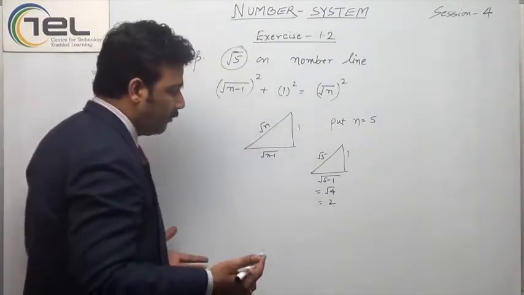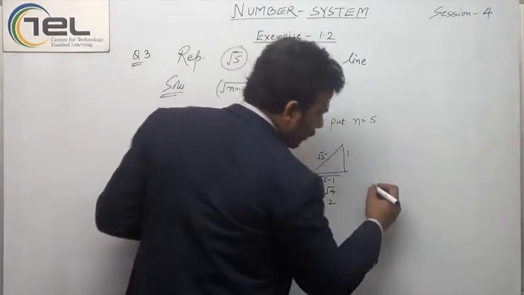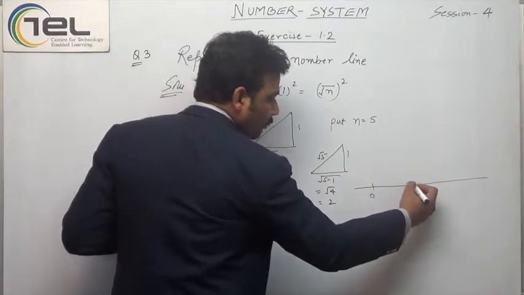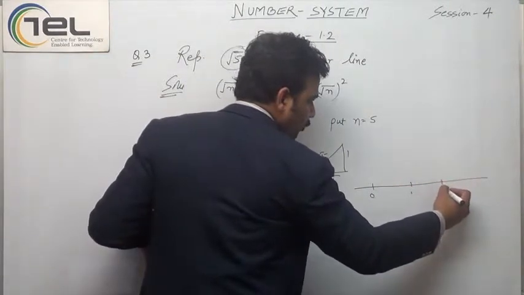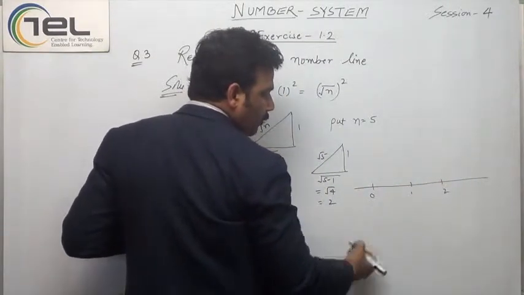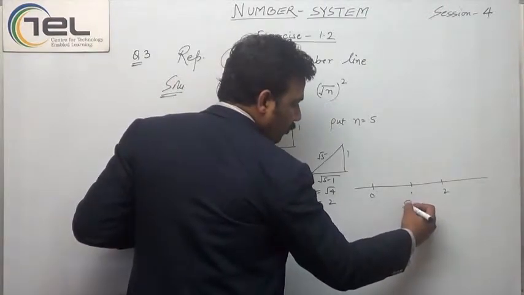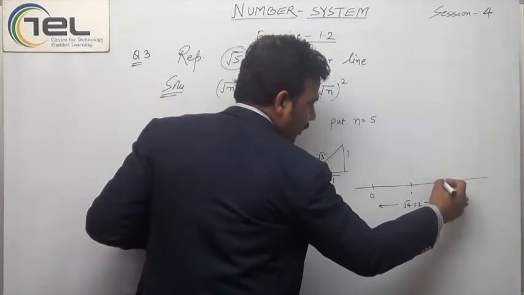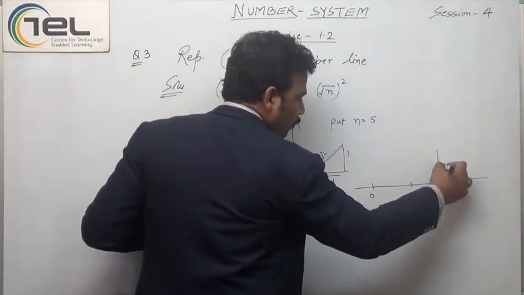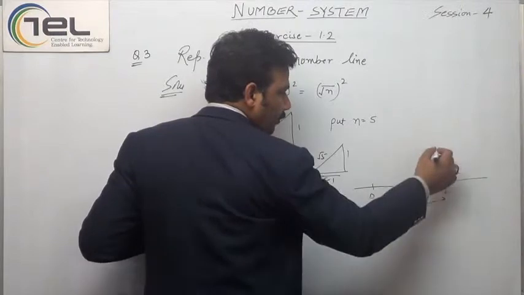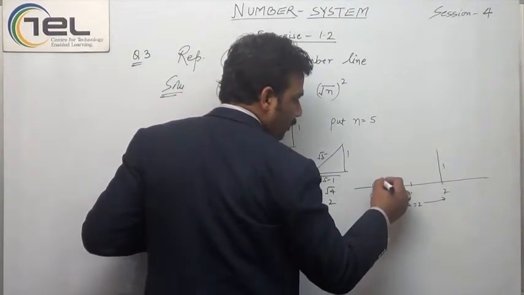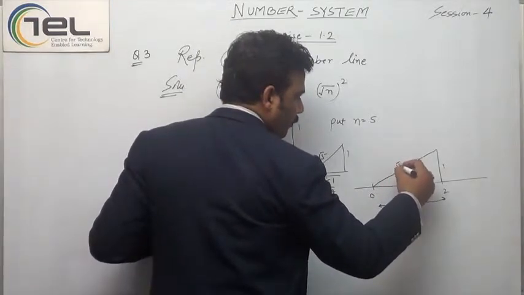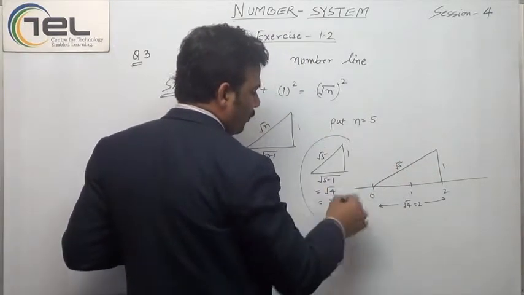So very easy. All my work becomes so easy. On the number line, this is 0, this is 1, this is 2. This is the square root of 4, which is 2. So I will take this as 2 and mark a line here equal to 1 unit, and then I will join these two lines, which becomes square root of 5 according to this.